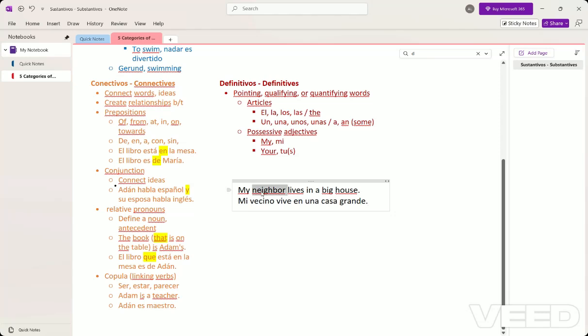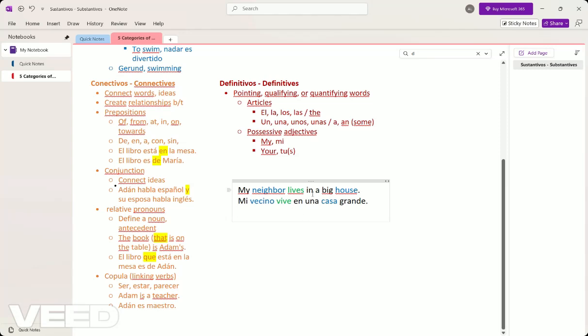The things in the sentence are neighbor, so we're going to make that blue, and house. In this case, vecino and casa. Now, the second most important word is the verb because that's what gives life to the sentence. It's almost always right after the subject, which is the first thing in the sentence in simple vocab. So we're going to make that green.